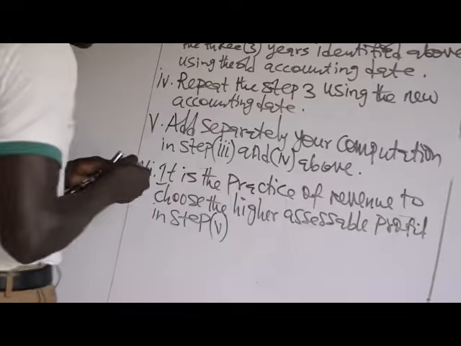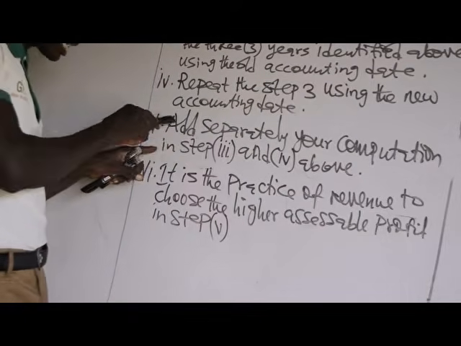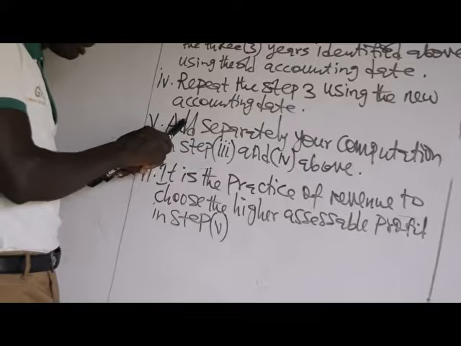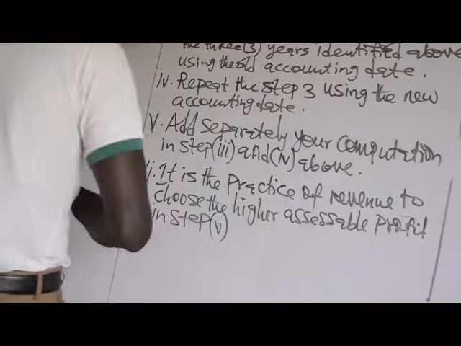You know, you are having 2 assessable profits in step 5, the one based on the old accounting date and the one based on the new accounting date. Whichever one is higher should be chosen.